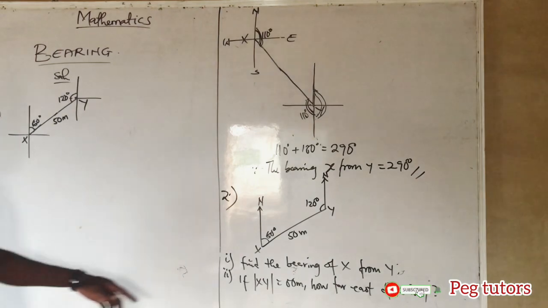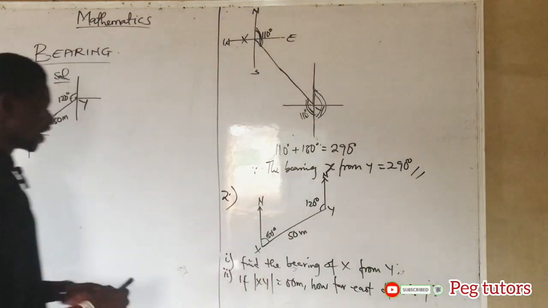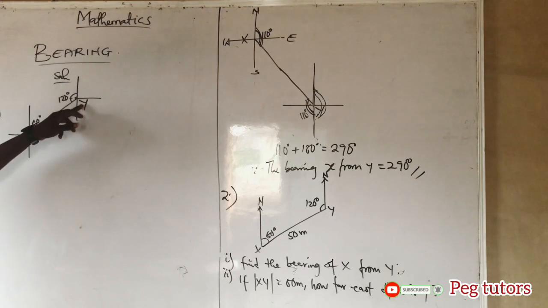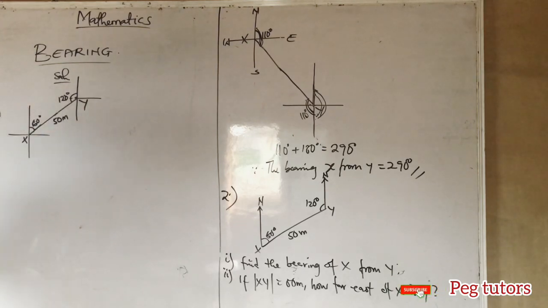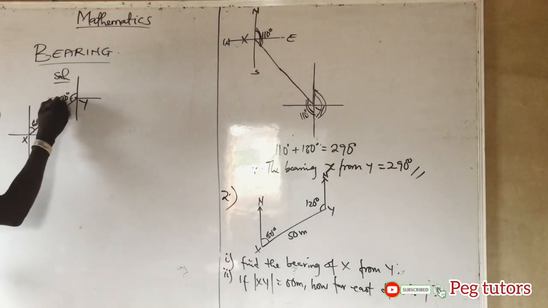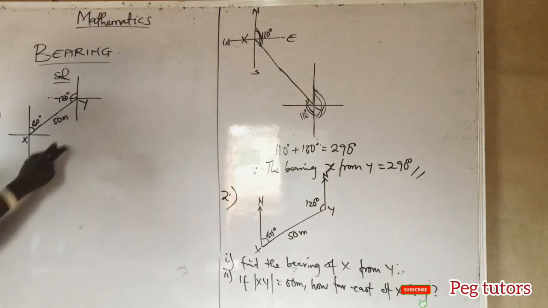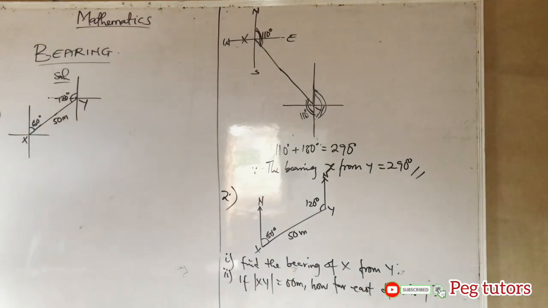Now, what they ask us is to find the bearing of x from y. Bearing of x from y, which means at this point y, I'm going to find the bearing of x. But don't forget there's a line here. Bearing of x from y is definitely going to be, come and represent where the angle would be.